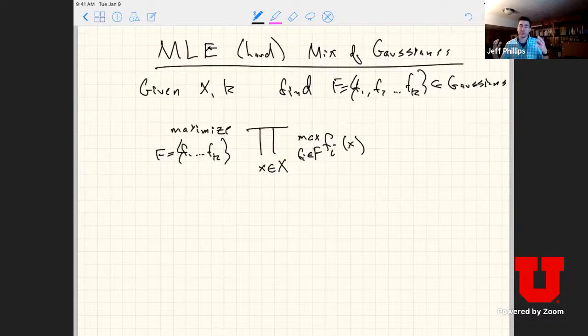So I'm going to find a set of k of these functions, and for every data point, I'm going to assign it to the one that has the highest likelihood, which is kind of like the closest one, but that allows me to skew the distances.